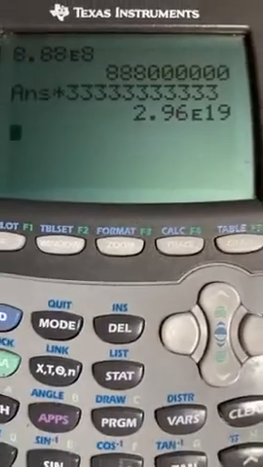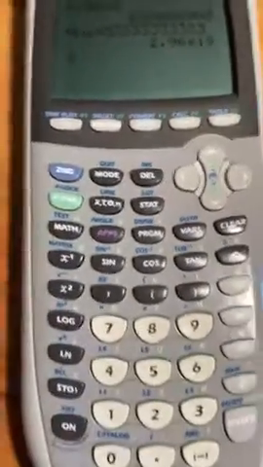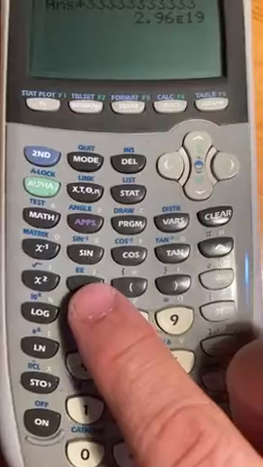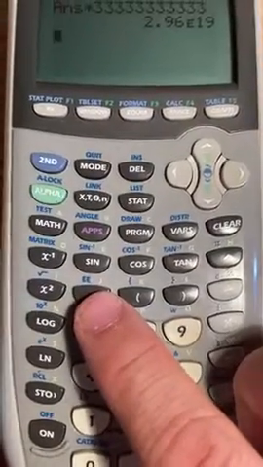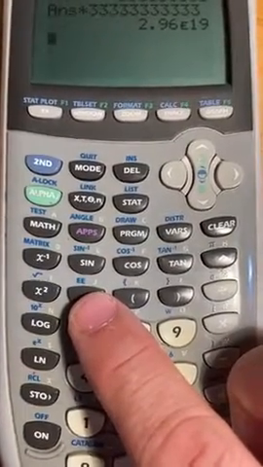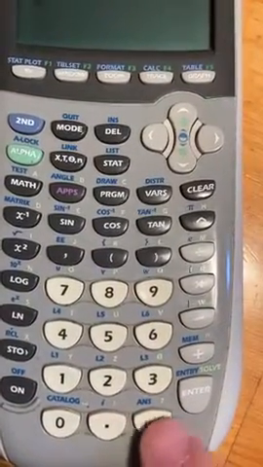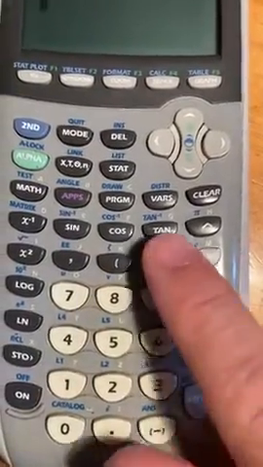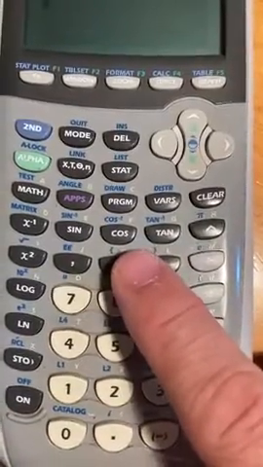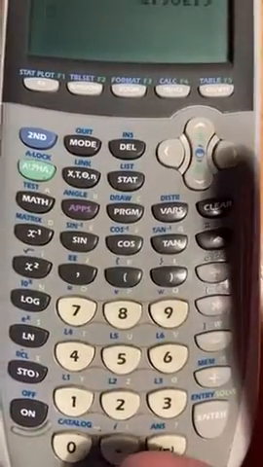Now, some of the differences that exist: instead of the EE button that I have here, some of you may have a button that's labeled EXP, and the EXP button is often down here in the bottom row of the calculator or somewhere about here on the calculator, although there are a lot of variations.